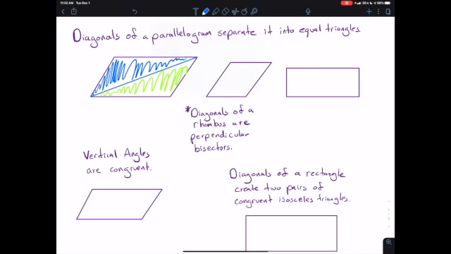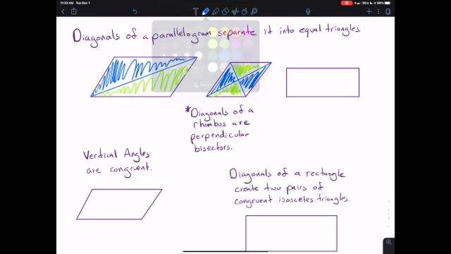Meanwhile, if we cut across the other way, this one and this one are the same, and this one and this one are the same.